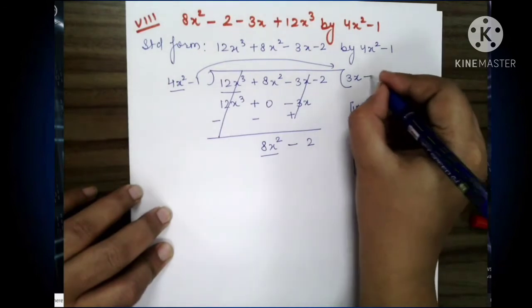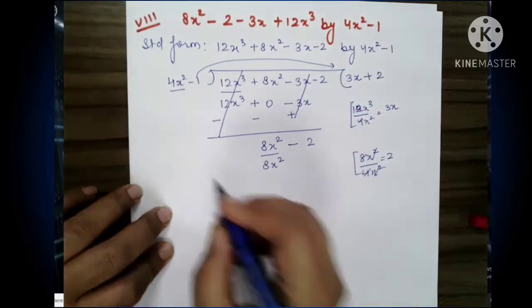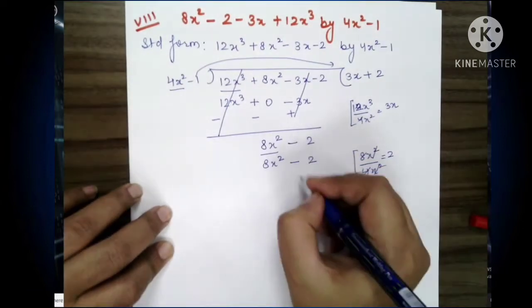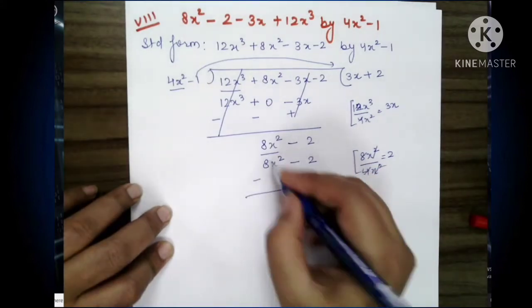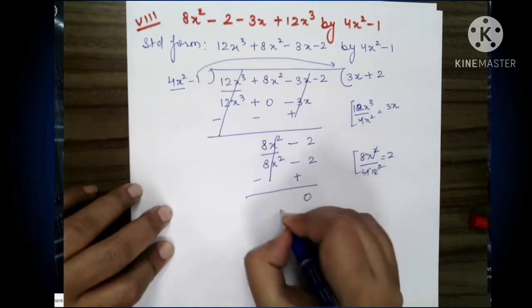So we get plus 2. 8x square minus 1 multiplied by 2 we get as minus 2. Minus becomes plus, it is your minus. First term cancels. Minus 2 plus 2 equals 0.